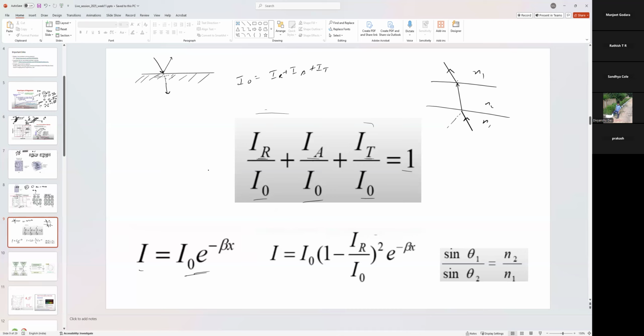Some part is reflected over here. This accounts for both these reflections, so multiplying it twice. So intensity after reflection. And yes, Snell's law gives you the angle between theta 1 and theta 2.